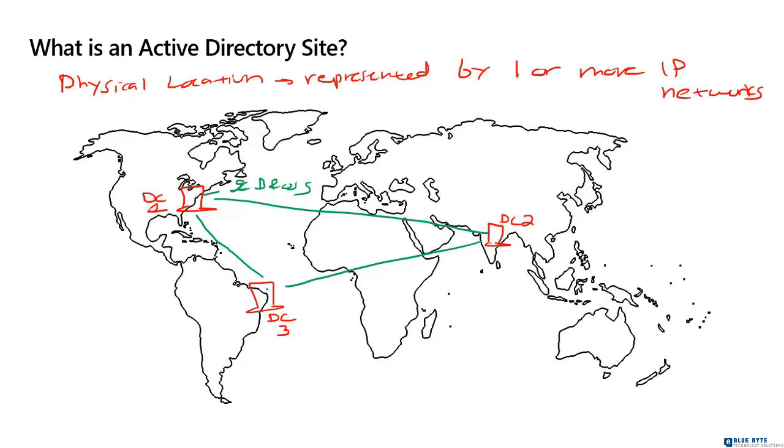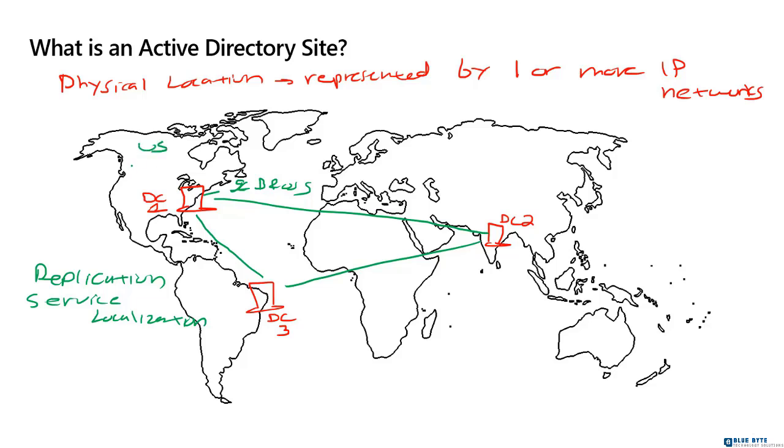The purpose of creating sites in Active Directory is to have some control over how replication works. So the reason I actually create sites, there are really two: replication and service localization. When I create a site, I would have a site named US would be its own site.